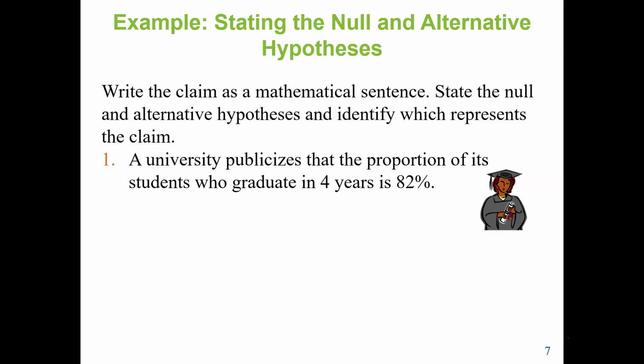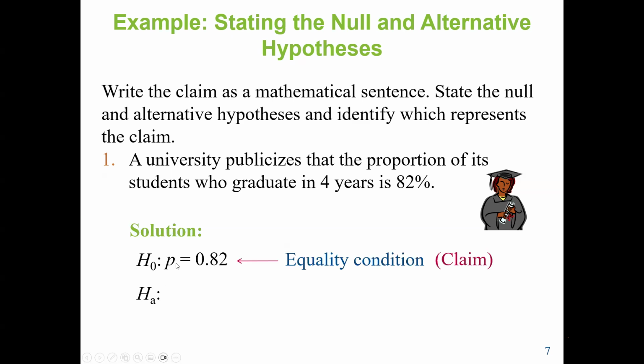The question given: a university publicized that the proportion of students who graduate in 4 years is 82%. So this is a claim. So we have the H0 and HA. Again, anything H0 says, HA will go against it. So that's the claim here. Here, proportion, so P equal to 0.82.